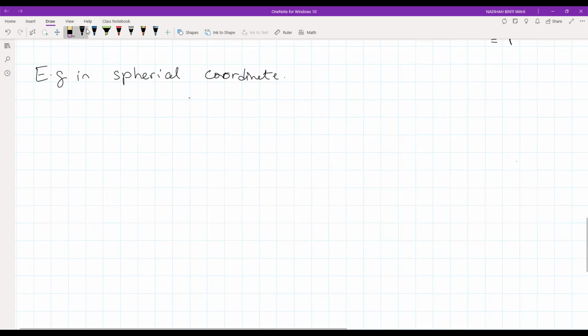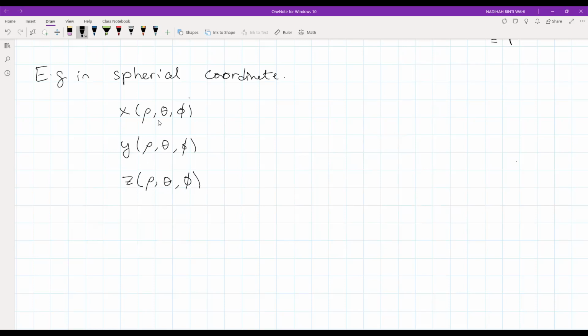Okay, so what's the parametric equation in spherical coordinates? We have x in terms of rho, theta, and phi, and then we have y also in terms of rho, theta, and phi, and then we also have z in terms of rho, theta, and phi.